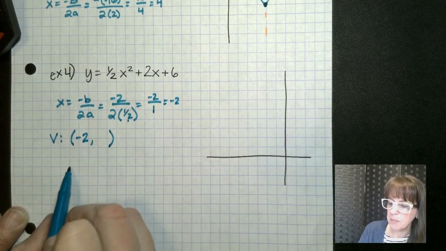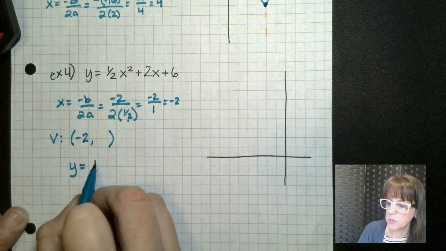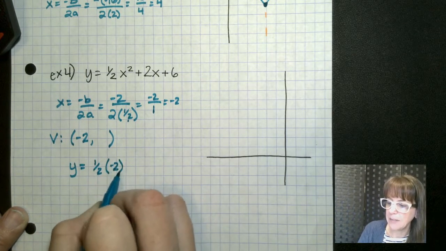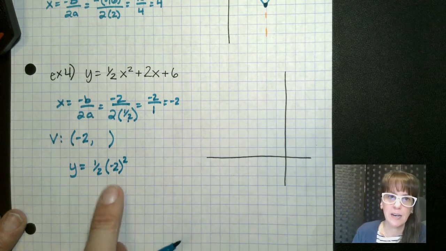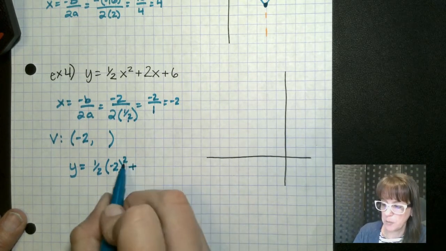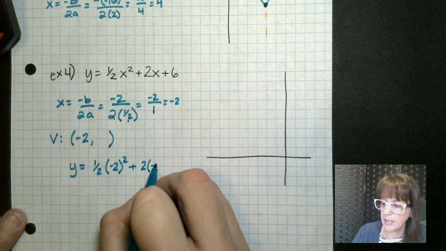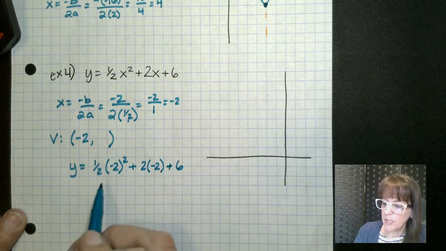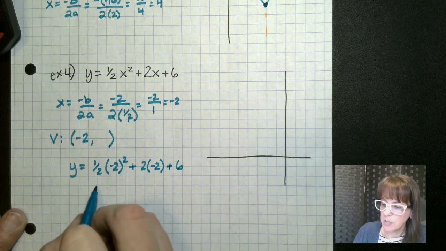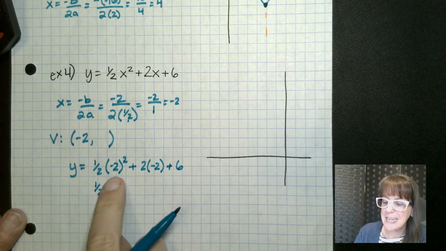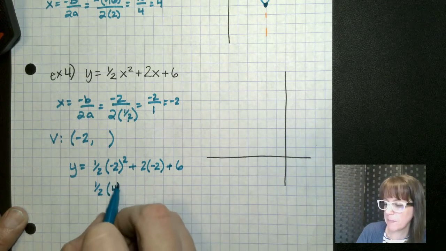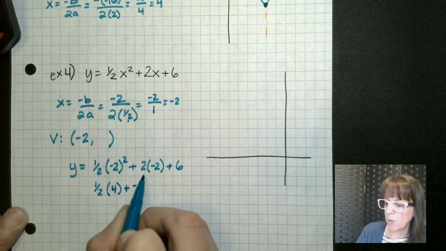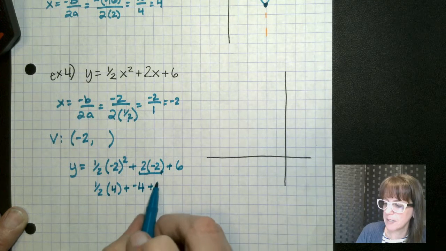Now, to find the second part, we're going to plug that in. Y equals 1/2 times negative 2 squared. Notice I'm using parentheses. You have to use parentheses when you're inserting a negative, especially when you're squaring it. Otherwise, you'll get the wrong answer. So we look at this, and again, we want to do our exponents first. So 1/2 times quantity negative 2 is negative 2 times negative 2, which is positive 4, plus negative 4, because 2 times negative 2, plus 6.